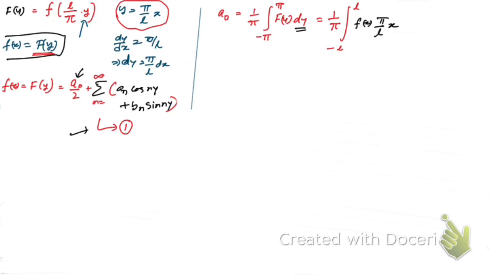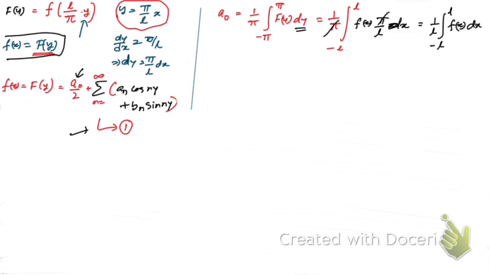Then the pi cancels, and this should be dx. So we will get 1 by l integral from minus l to plus l of f of x dx.